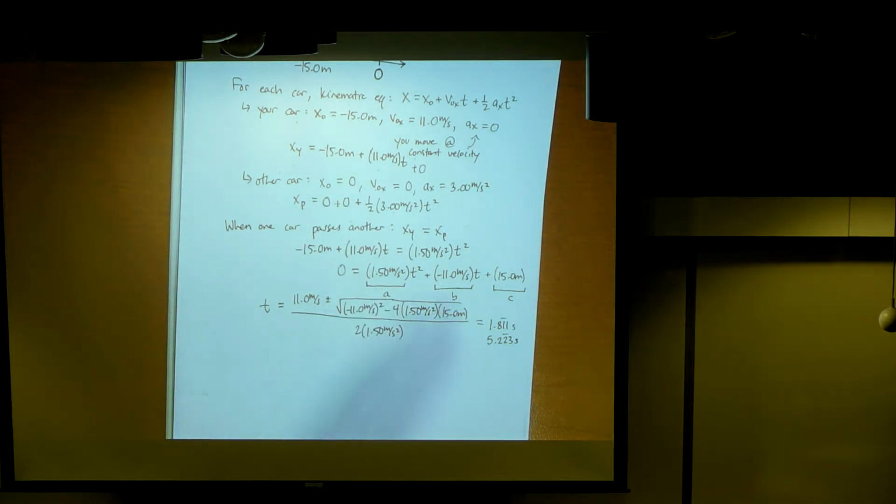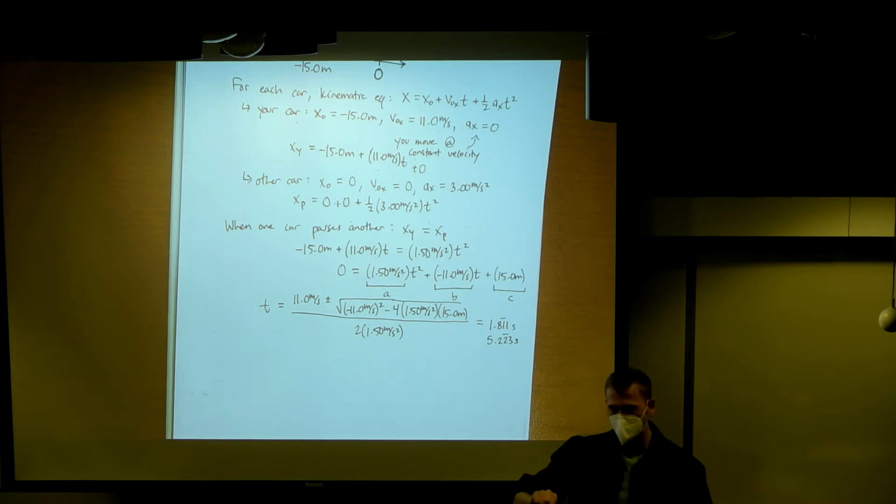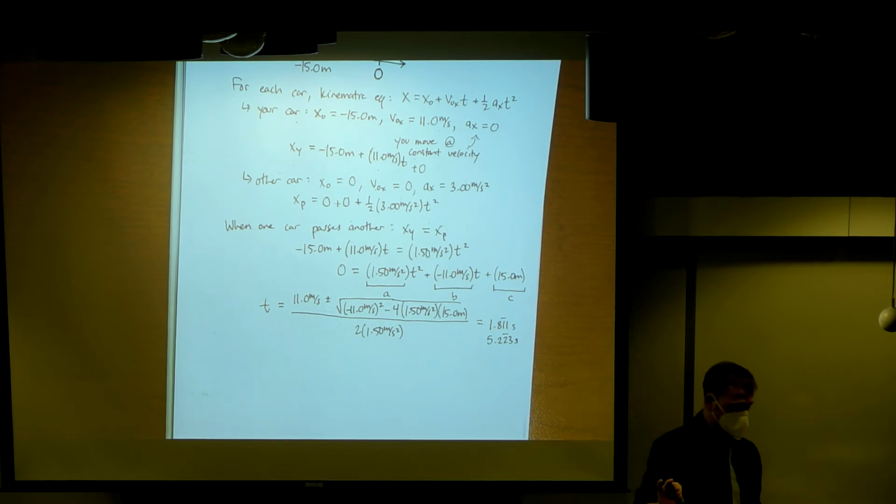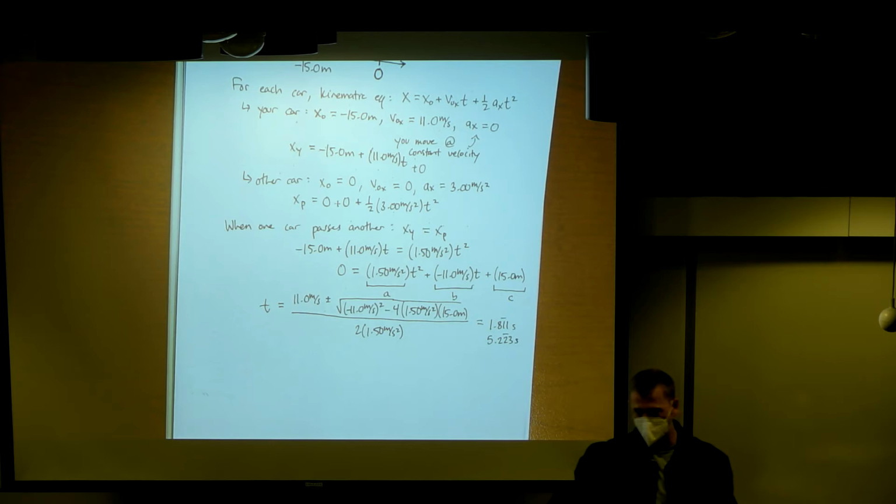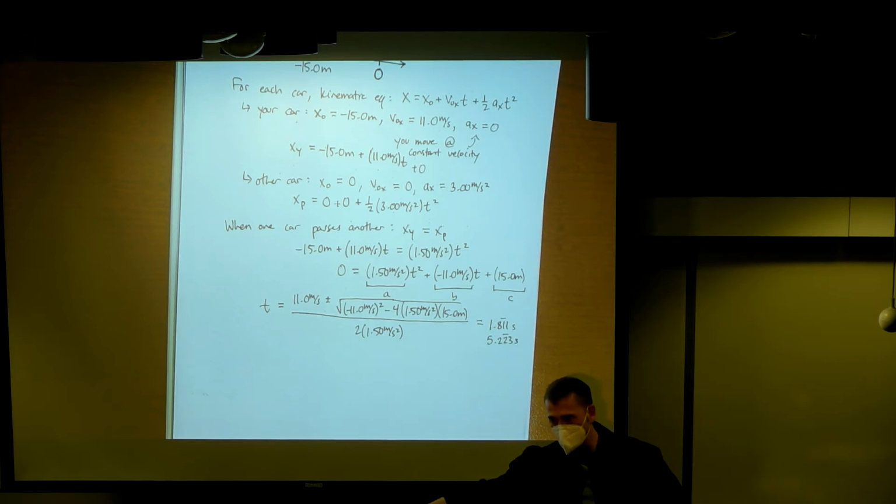So how do we interpret this? Again, the math is telling us that these are the 2 solutions, but we have to think it through to know which solution is the answer to our question. The question is, for now, what time do you pass by the other car? What time do you pass by the Porsche? That's what happens first, right? Because initially you're moving faster. You overtake that car.